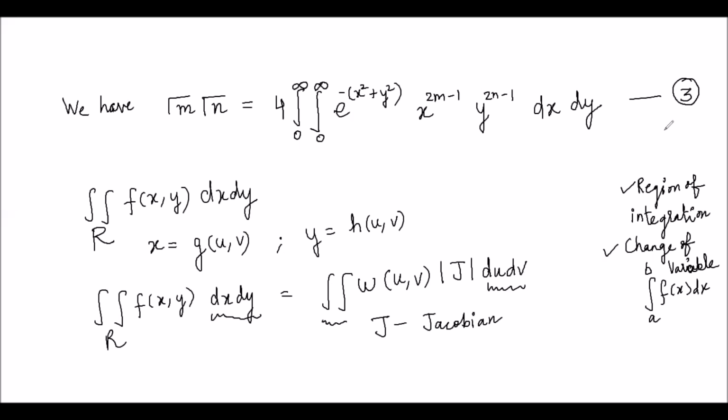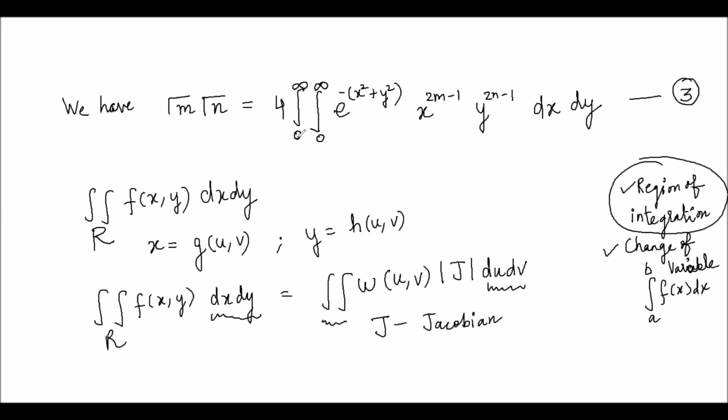In the third equation, the limits 0 to infinity, 0 to infinity are the limits of x and y. But as we are changing to r and theta, we need to find the limits of r and theta. How will we find those limits? For finding those limits, we need the region of integration, that is, over which two-dimensional region we are evaluating this double integral. How will we get that region?